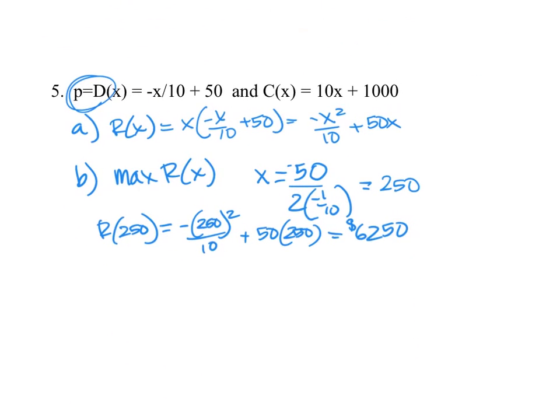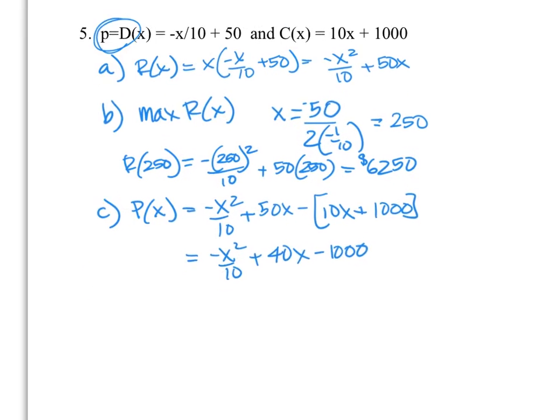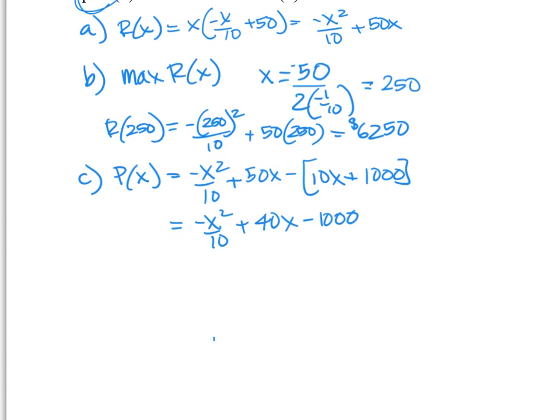Letter C is asking us to do the profit, which is the revenue function minus the cost function. And we end up getting negative x squared over 10 plus the 40x minus 1,000. So the next thing we are asked for is the profit maximum.